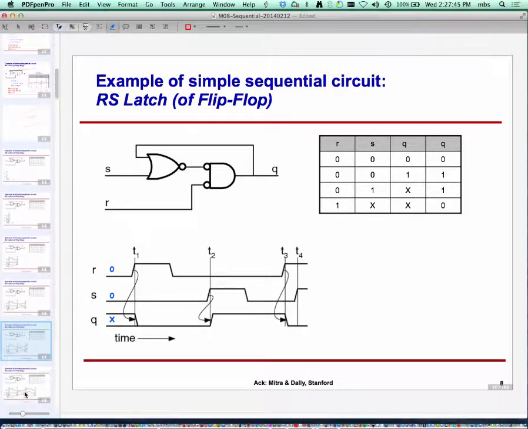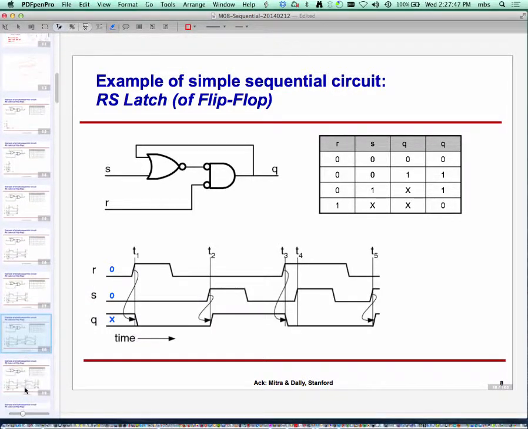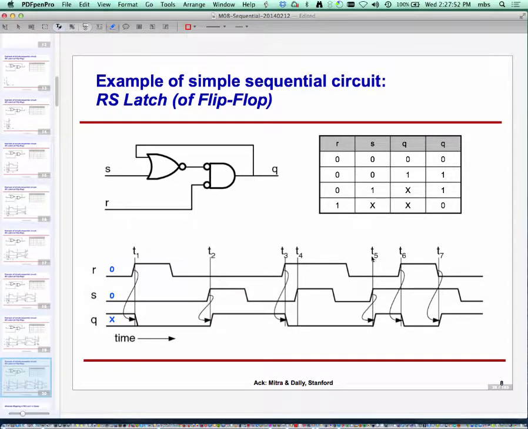Okay, so this is kind of a complete diagram, I think. Same process kind of repeating here. I'm not going to go through all of them, but by referring back to that state transition table, we can see how Q is changing.